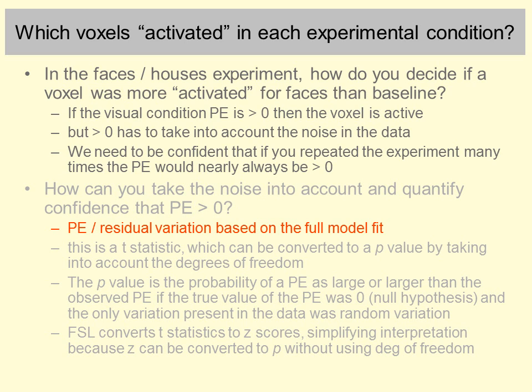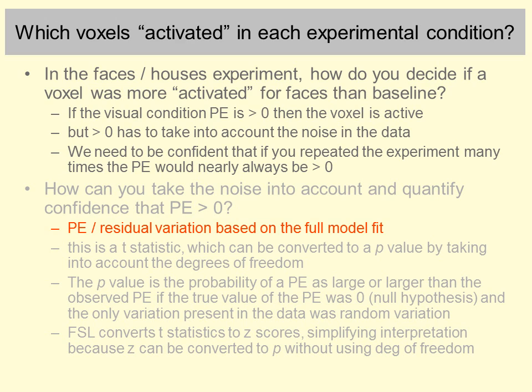We can't take seriously any small difference from 0. This is the standard problem of statistical inference that you've learnt about in studying behavioural data. Another way to think about this is that we need to get some idea of how confident we could be that if we repeated the experiment many times, the parameter estimate would always be more than 0.